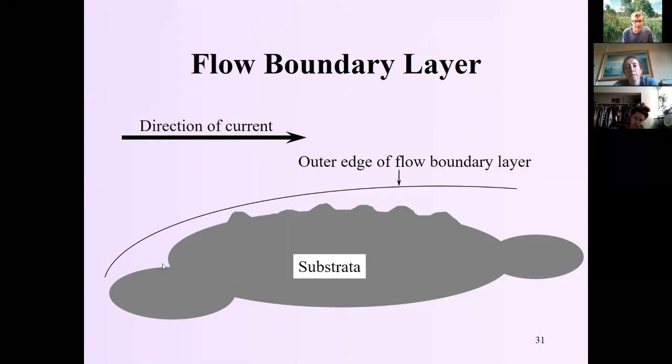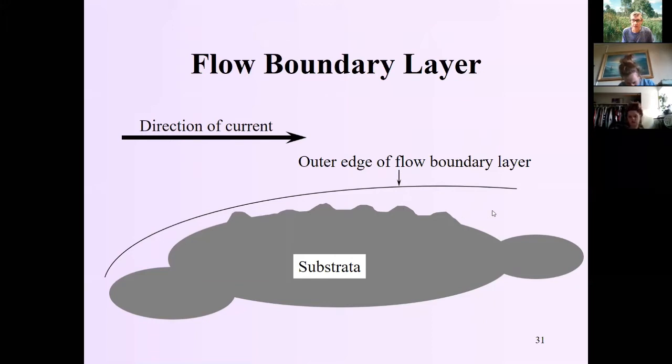If there's a valley in here, it's going to be considerably deeper, further to where the flow is open, turbulent in the open water. And then the other aspect of this is that the effect of this substrate is propagated downstream. So you get a thicker and thicker flow boundary layer the further you go downstream.